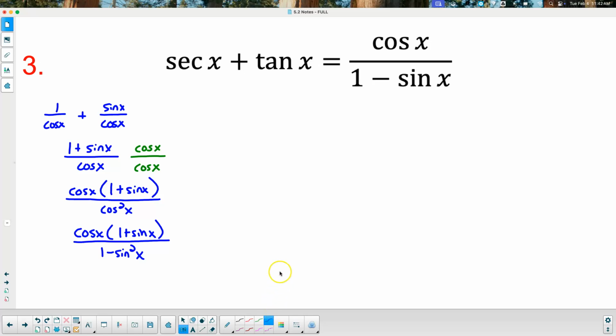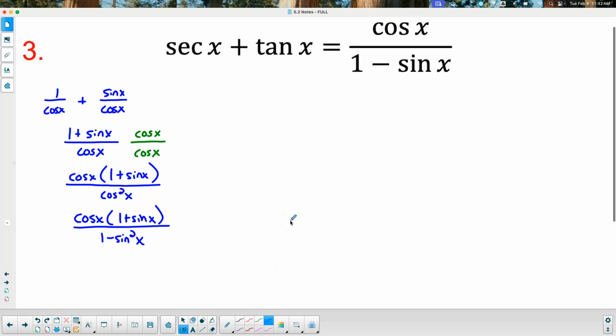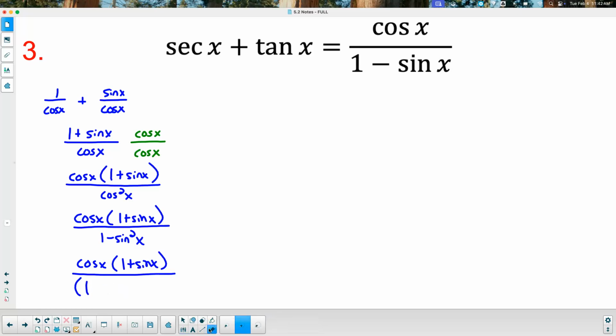One minus sine squared can be factored into one minus sine, one plus sine.